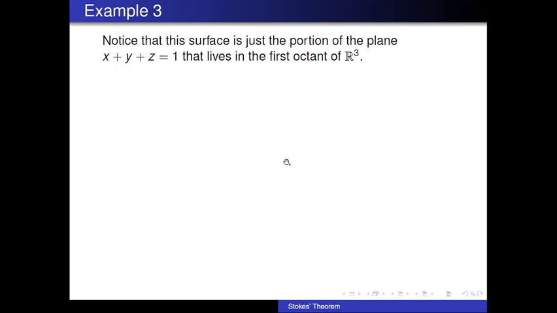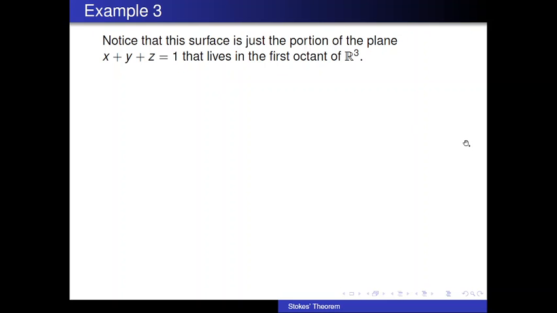Now notice that since those three vertices are (1, 0, 0), (0, 1, 0), and (0, 0, 1), you can see that the plane is really x plus y plus z equals 1. That's the plane that we're cutting a little triangular portion out of that gives our surface.